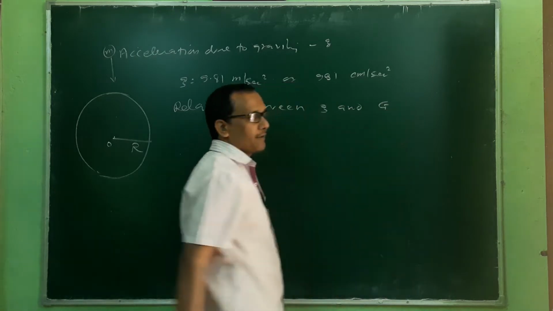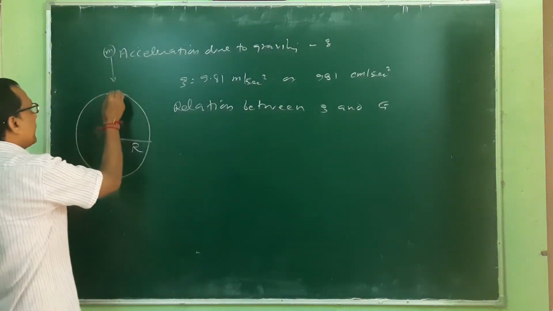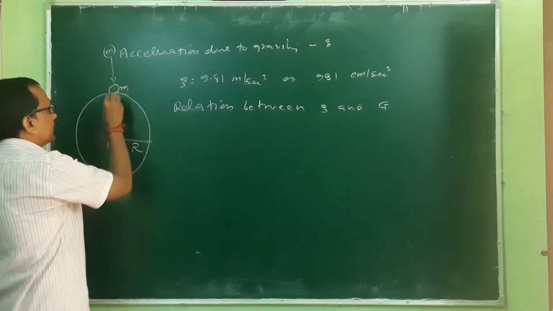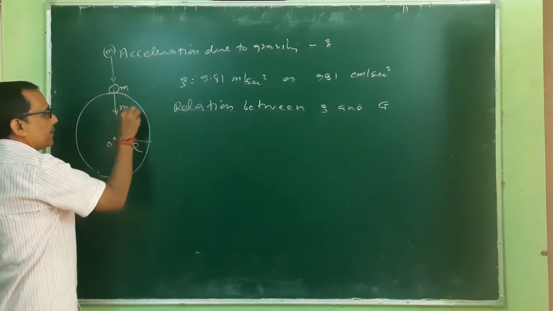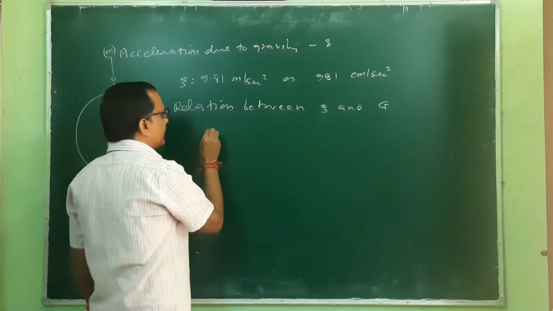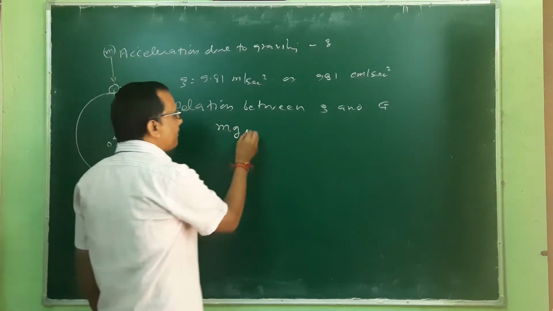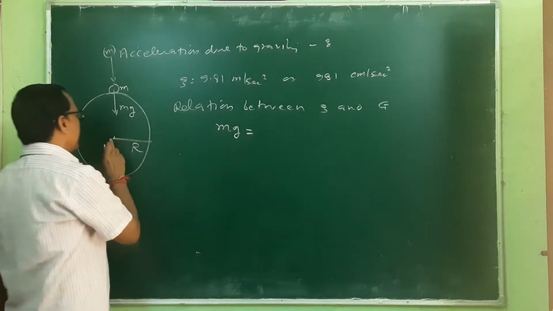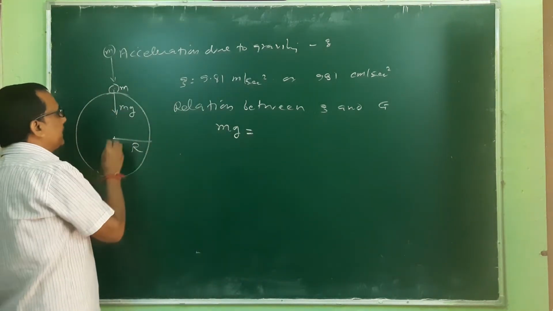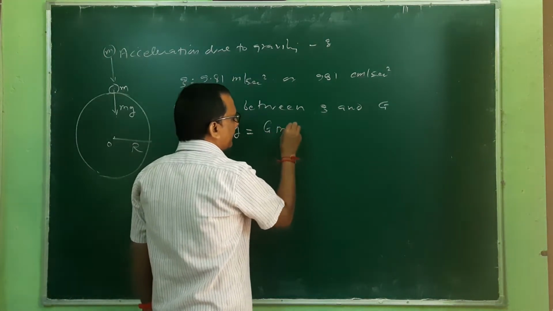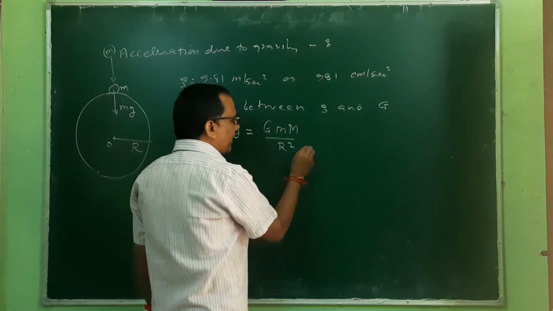This capital G is the gravitational constant, by which we can have this mass somewhere here, and the force toward the center is mg. So this mg, which is also known as the weight of that body, is compared with the force applied by Earth on that body, and if this radius is R, this will be G m M by R square.